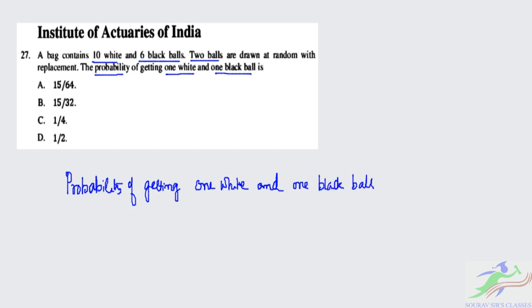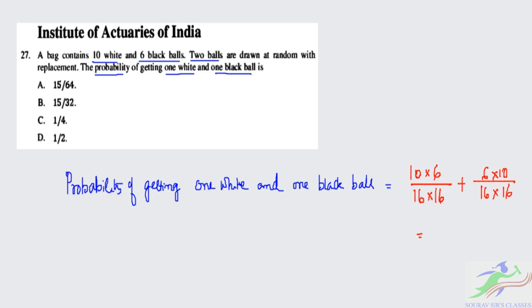So it will be equal to, 10 white is given, so 10 multiplied by 6, or we can write it in another notation. In case of 1 white ball, it will be 10 multiplied by 6 divided by 16 into 16, plus, for the 1 black ball, 6 into 10 divided by 16 into 16.